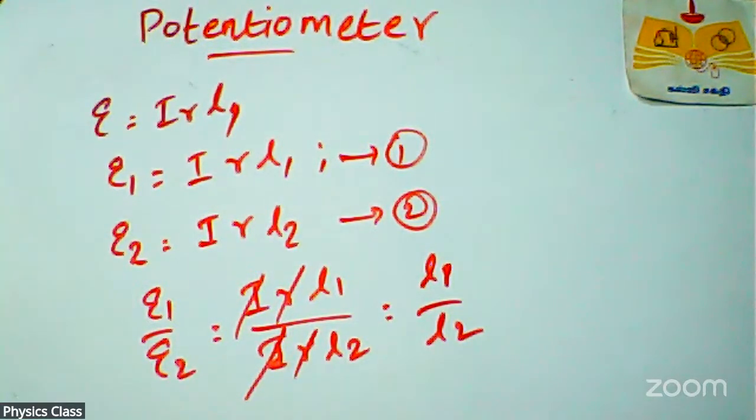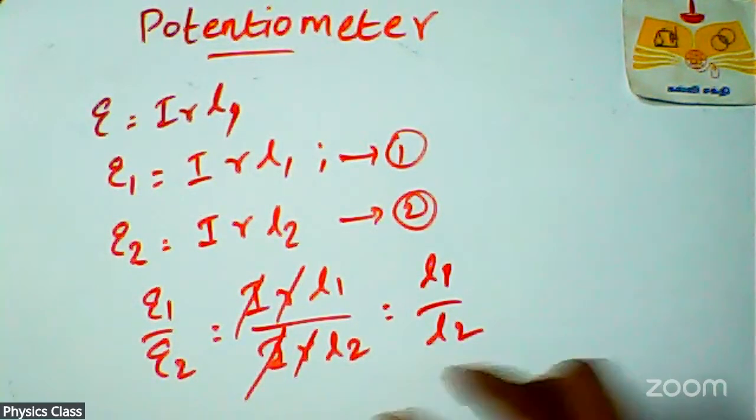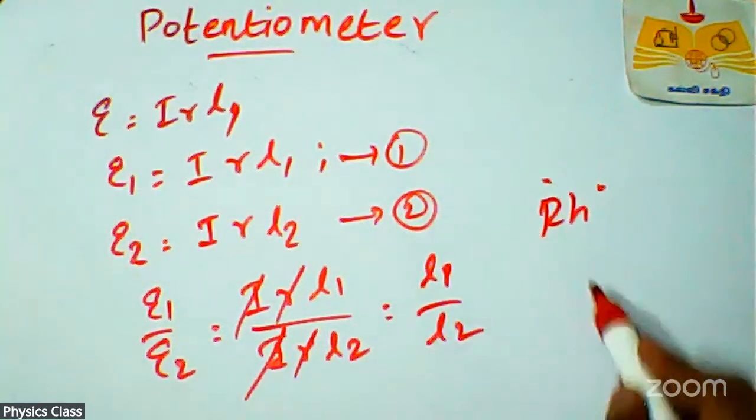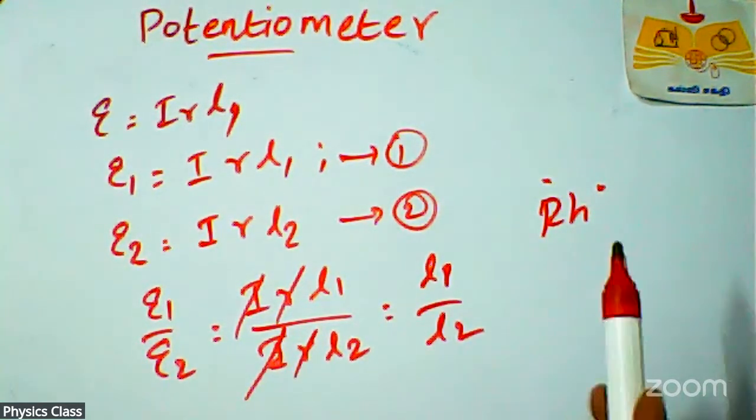And you can change the rheostat in the primary circuit, and the experiment can be repeated several times by changing the current flowing through it. You can adjust the rheostat, denoted as RH, in the primary circuit.